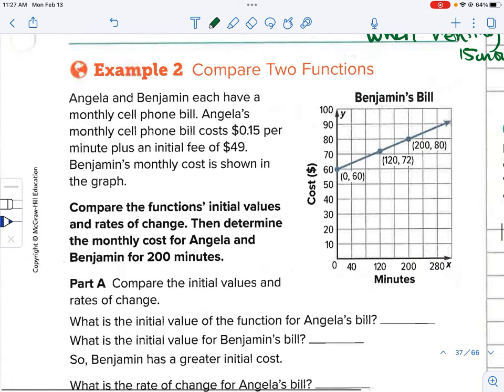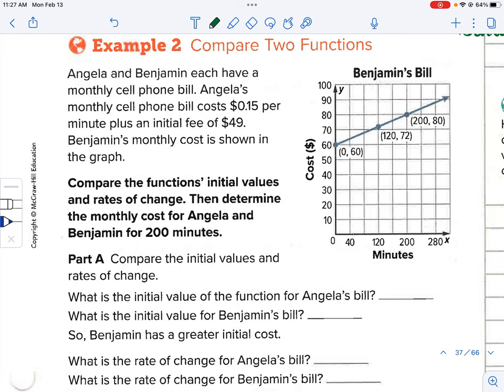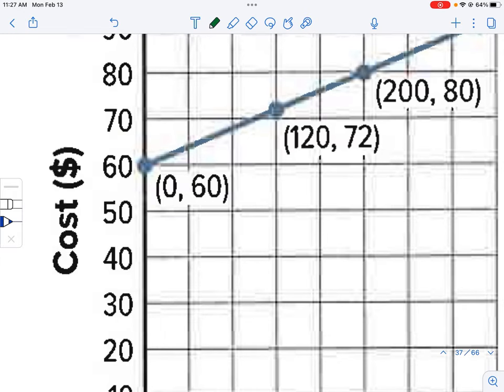So let's come to this one right here. It says Angela and Benjamin have a monthly cell phone bill. Angela's monthly cell phone bill costs 15 cents per minute plus an initial fee of $49. Benjamin's monthly cost is shown in the graph. So if I did this one, and I went up and over, how far up did it go from 60 to 72?